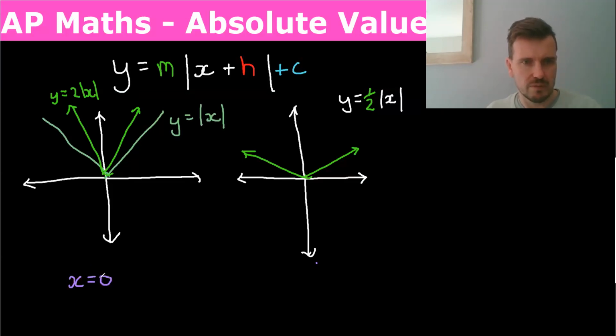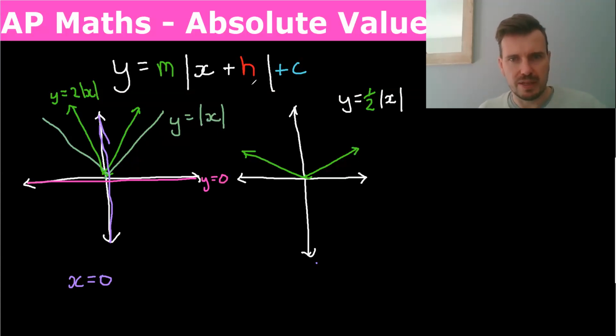So it would just be a straight line on the y-axis. And if it was a very, very narrow one, so if the half kept getting smaller and smaller, eventually it would be y equals 0. That's right.